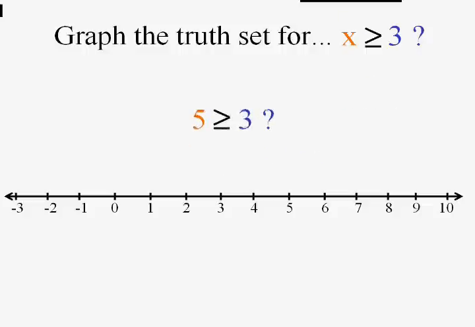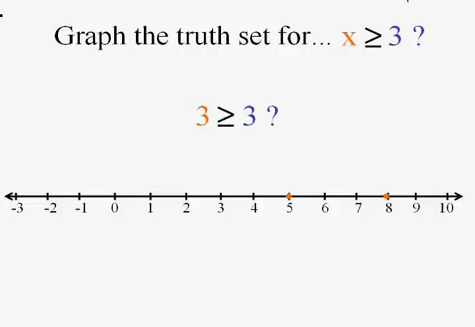For instance, can I put in 5? Is 5 greater than or equal to 3? Well, it is. So I put a point on 5. Is 8 greater than or equal to 3? Put one there. Is 1 greater than or equal to 3? No, it's not, so I don't put a point there.